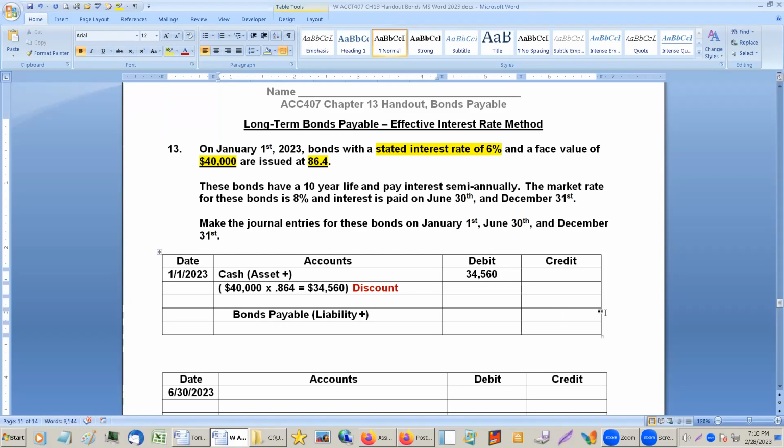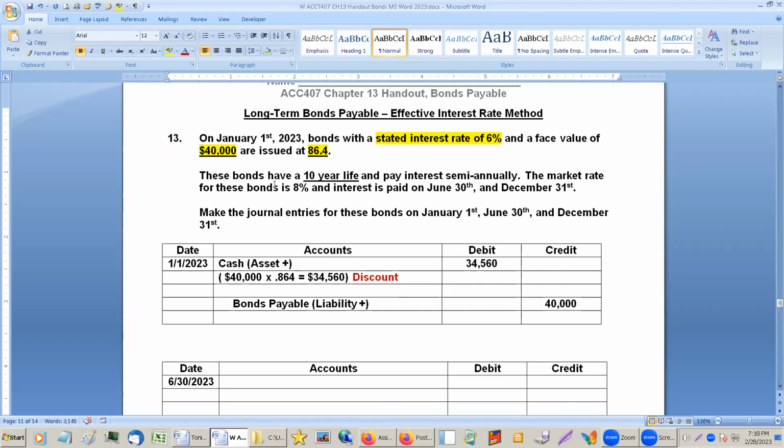Bonds payable, liability going up, 40,000. We'll have to pay that off in 10 years. And we're going to have a discount of, better use my calculator, 5,440.